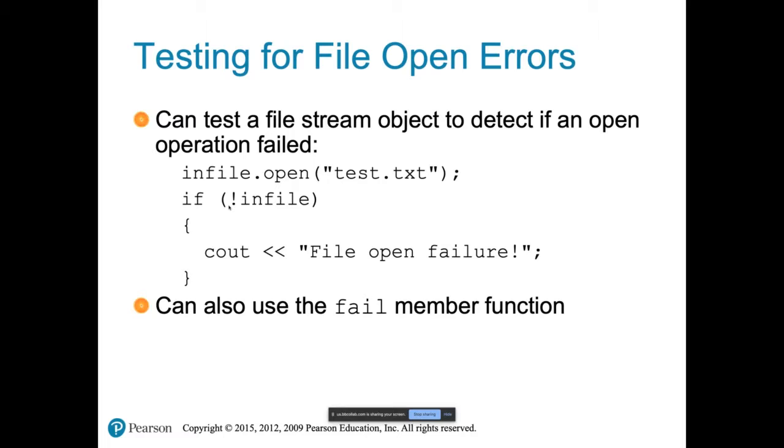In this case, the person right here is saying input file, open file, test.txt. If it's not open successfully, notice the unary operator right here says A, file open failure. There's also a command that you can use for the fail member as well. It's called infile.fail, I think. I have to go look it back up because I don't use it for C++ that much.